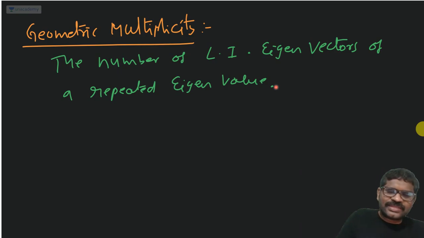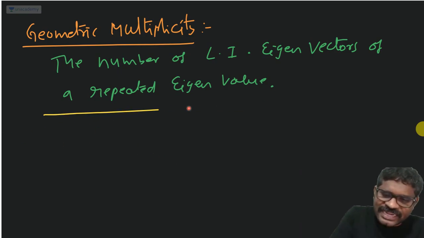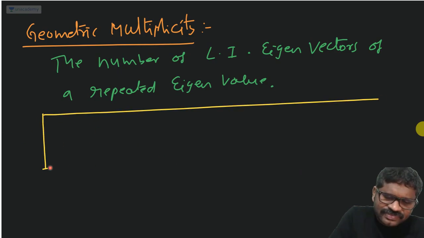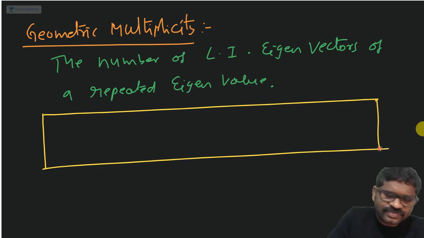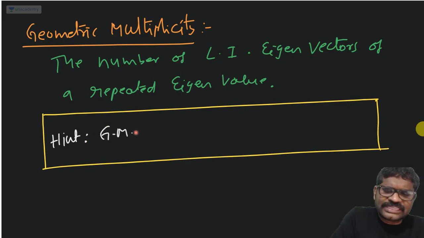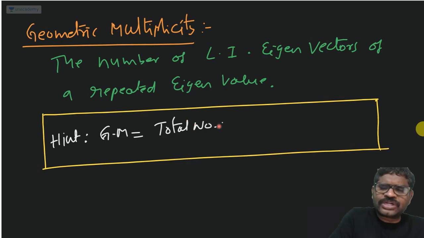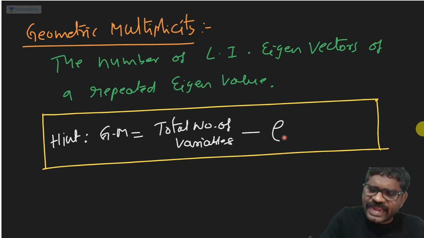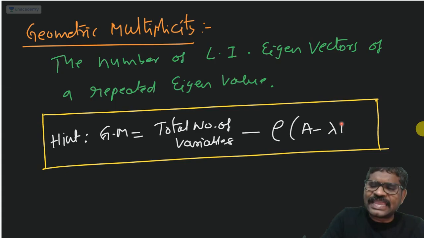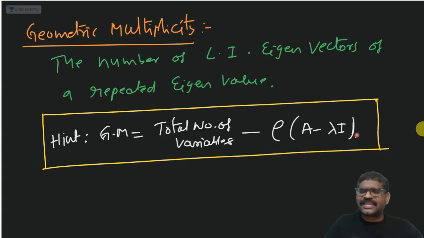Observe here, just remember this hint. GM is nothing but the total number of variables minus the rank of A minus lambda I. Now, sir, it is nothing but free variables, na?